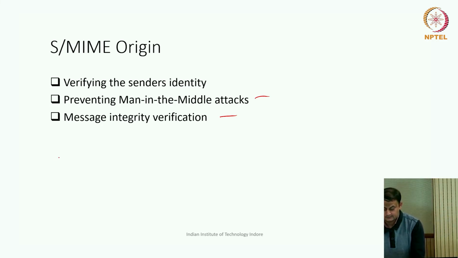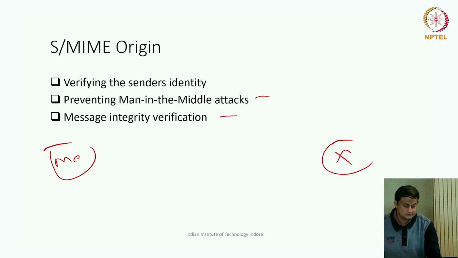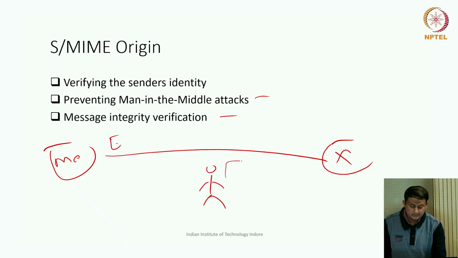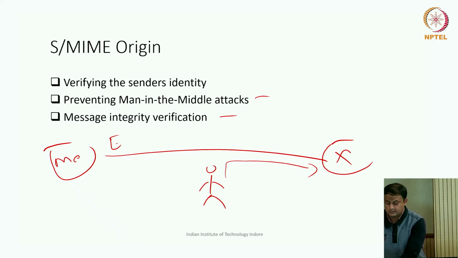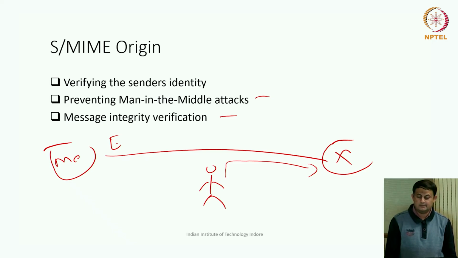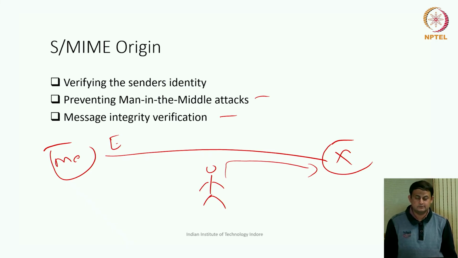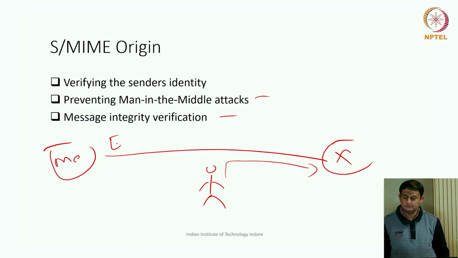Let's say I am the sender here and X is the recipient, and the email is sent over this communication channel. Someone sitting here should not be able to fabricate a message and send it to X claiming to have originated from me. That should not happen. So that fabrication is also discouraged. How do I ensure all this while retaining those rich communication abilities?